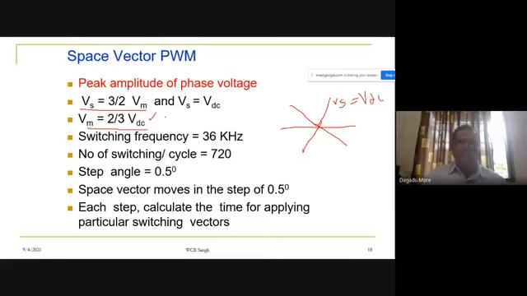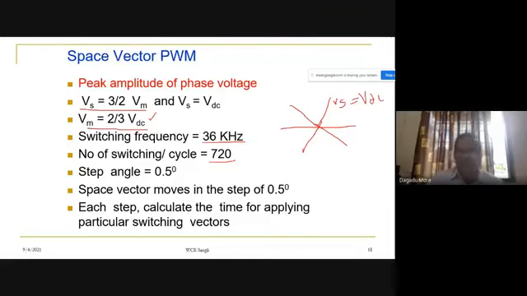For a switching frequency, let us take 36 kilohertz. So how many switchings per cycle? We have 36 kilohertz and 50 hertz, so 36,000 divided by 50 gives 720 switchings per cycle, and in one cycle we complete one rotation.